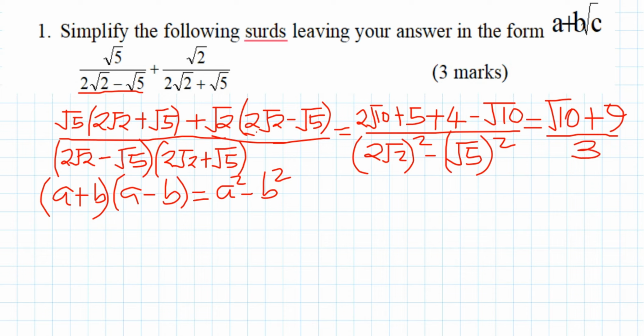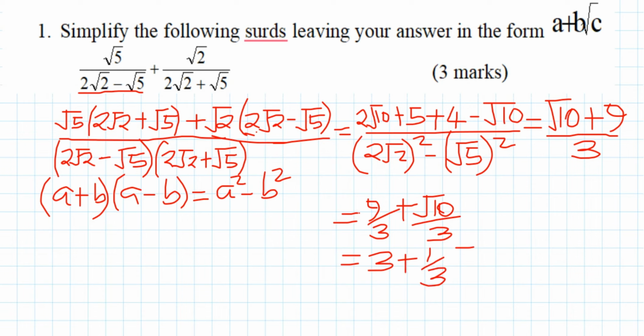And so consequently, if we separate this, we are going to have 9 divided by 3, and then plus square root of 10 divided by 3, which is going to be equivalent to 3, and then plus another root 10. And so this way now, we have written our answer in the format a plus b root c.